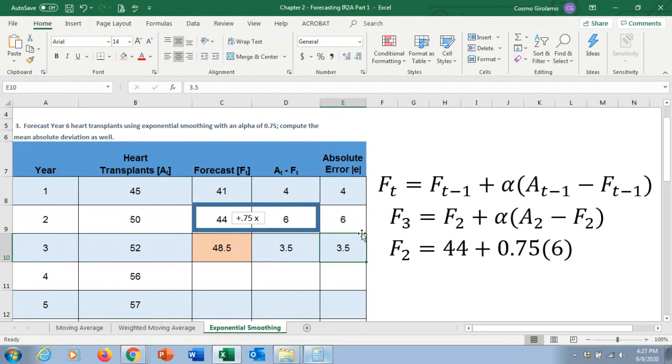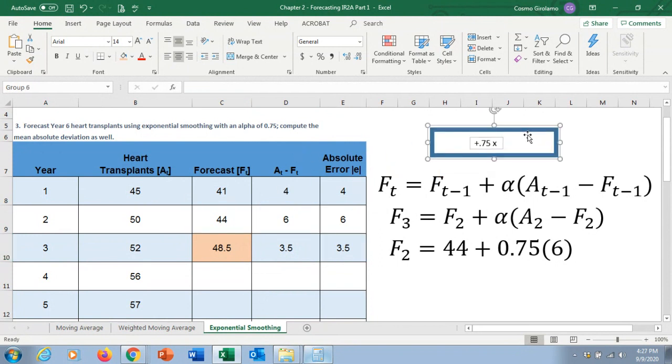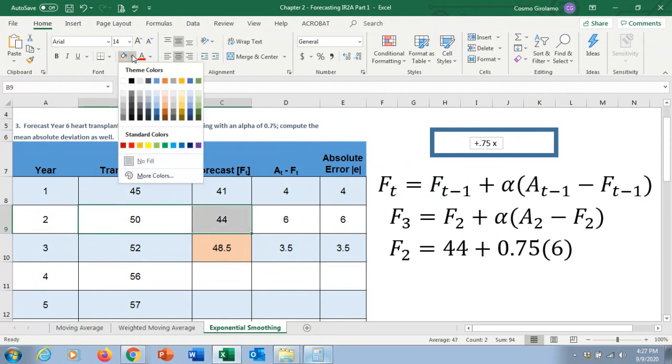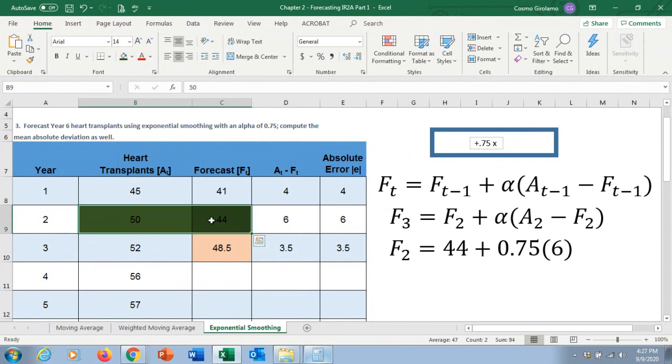Couple things I want to point out now. So what's going on? First off, I always start, so here, for example, I started with what happened before, 44. And if I look at this time period here, let's look at these two values. So 50 minus 44.